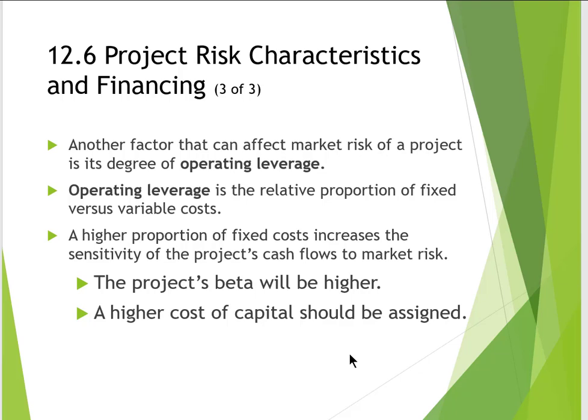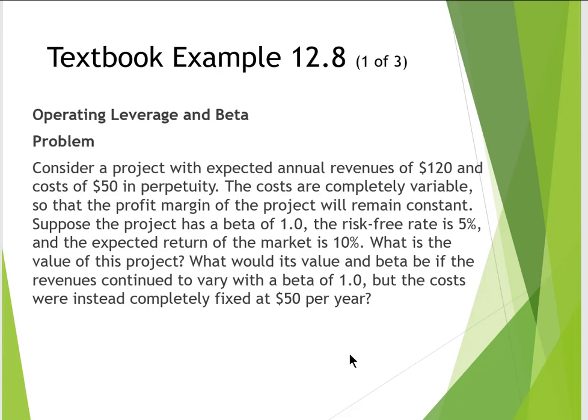This is the proportion of fixed versus variable costs. So a higher amount of fixed costs increases the sensitivity of the project's cash flows and therefore its market risk. So higher fixed cost companies will have higher betas. So they then should also have higher costs of capital.